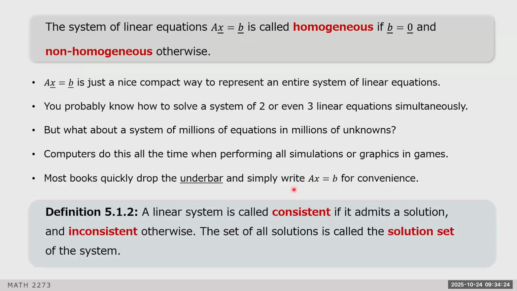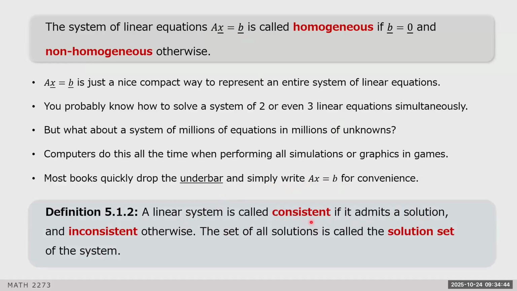Okay, so does the system have a solution? A linear system is said to be consistent if it has a solution. One solution, two solutions, infinite solutions, doesn't matter. If it has a solution, we say it is consistent.